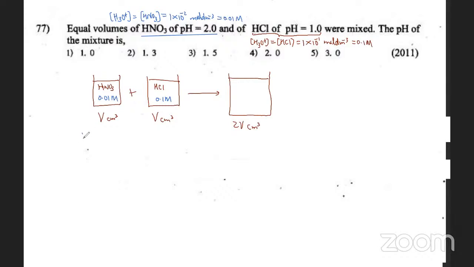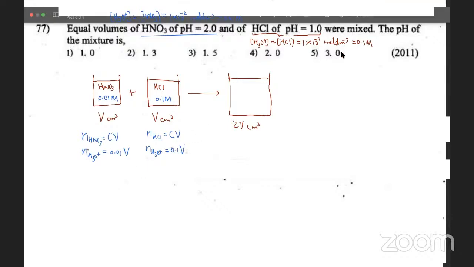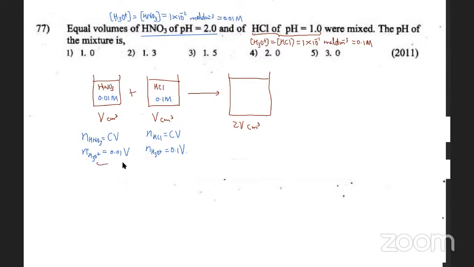First and foremost, we have to find the number of moles of HNO3, which is equal to Cv, and that is also the number of moles of H3O plus released by it, 0.01 V. The number of moles of HCl is also Cv, and the moles of H3O plus released by it is 0.1 V. So the total number of moles of H3O plus ions released to the solution is 0.01 V plus 0.10 V, which is 0.11 V.